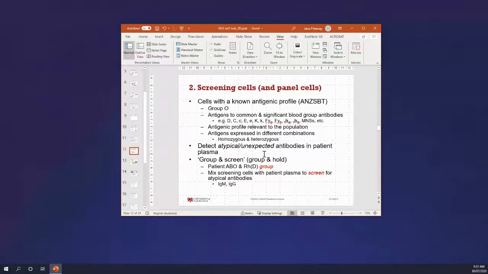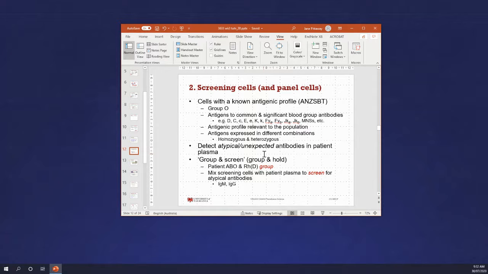So they can inherit a big C from either parent, or they might inherit a big C from one parent and a little c from the other parent. And we can have big E and little e, so they might inherit two big E's, one from each parent, or two little e's, one from each parent, or a big E and a little e, one from each parent. If you've got two of the same antigen, then you're homozygous.